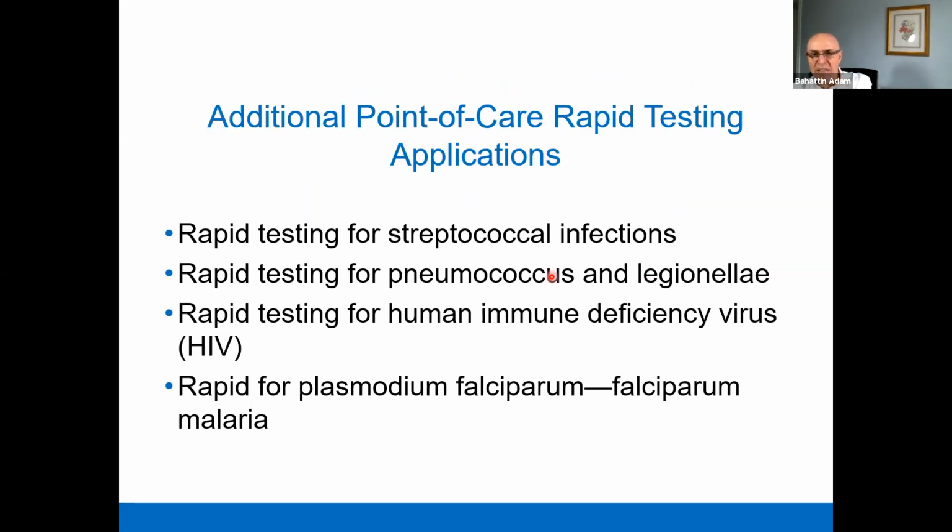Now, point-of-care testing that we already discussed before. There are rapid tests for streptococcal infections, for pneumococcus and Legionella, for HIV, and also there is a rapid test for Plasmodium falciparum, okay, which is another cause of malaria.